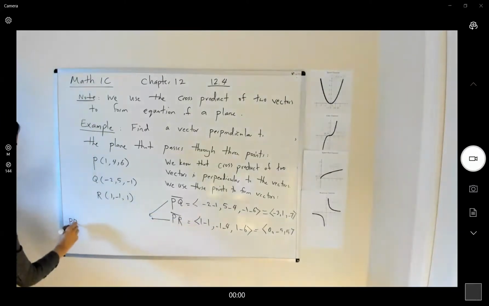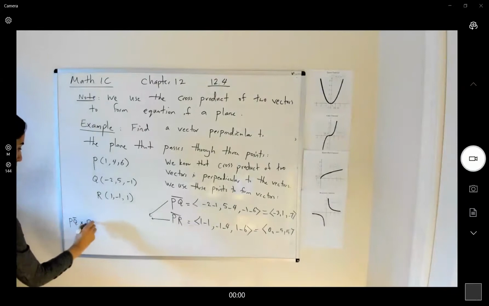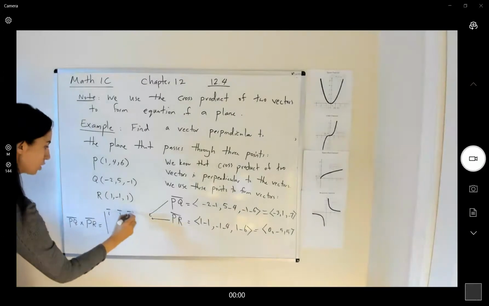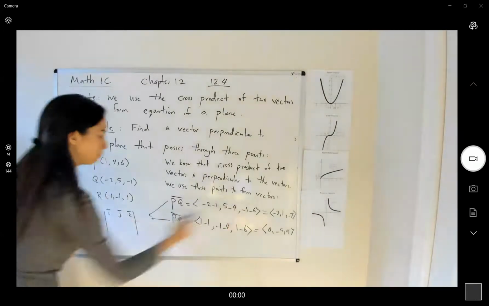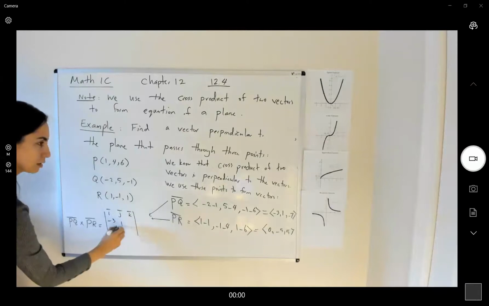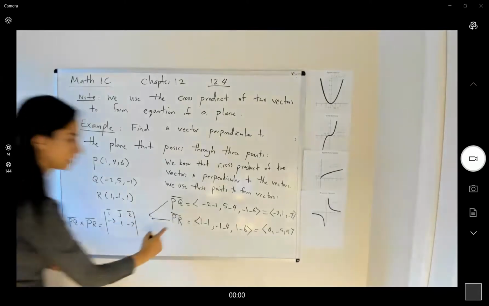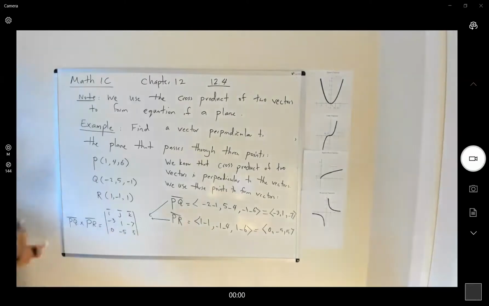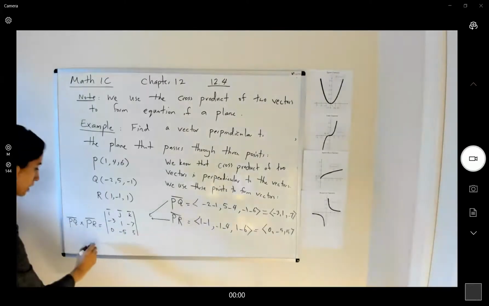PQ cross PR. You have i, j, k, PQ: -3, 1, -7, PR: 0, -5, -5. There you go. What do we have?